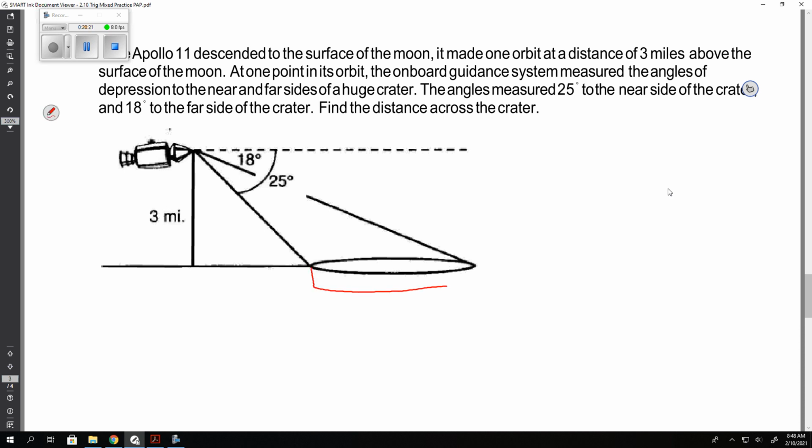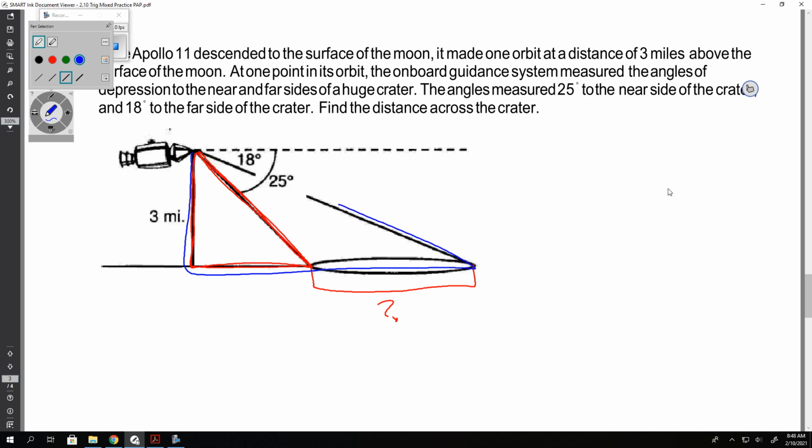So we need to figure out this distance here. Okay, guys, you should be able to see that you have two right triangles. You have one right here, it's going to end at the near side of the crater. And then we have another one that's going to end at the far side of the crater. And we've got the different angles of depression going on here.